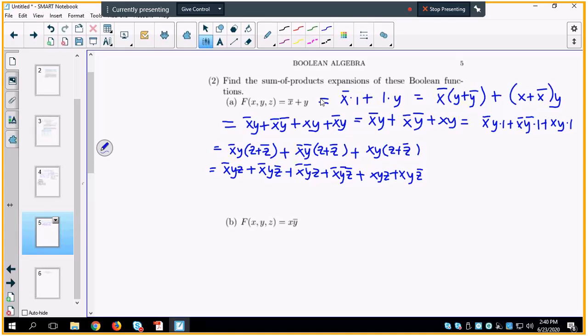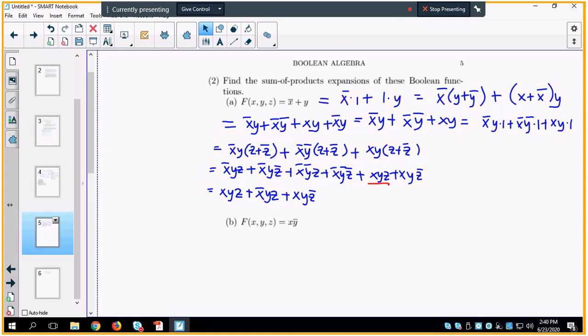And the last thing I'm going to do is check to see if I have any terms alike and attempt to combine them. So first I'll see that I have only one x, y, z, and then I'll look for terms where I have one complement. So I have plus x bar yz, I only see that once, and plus x y z bar just appears once.